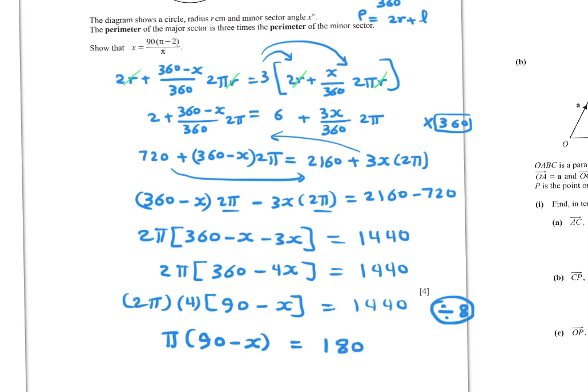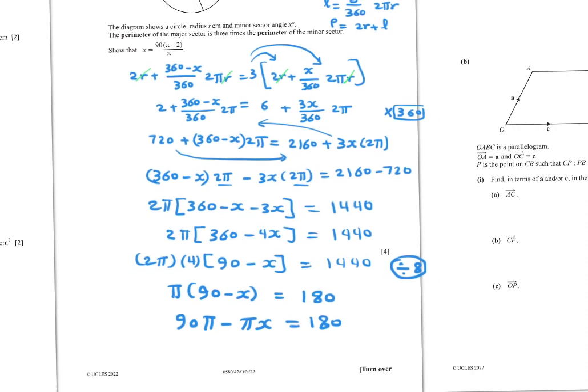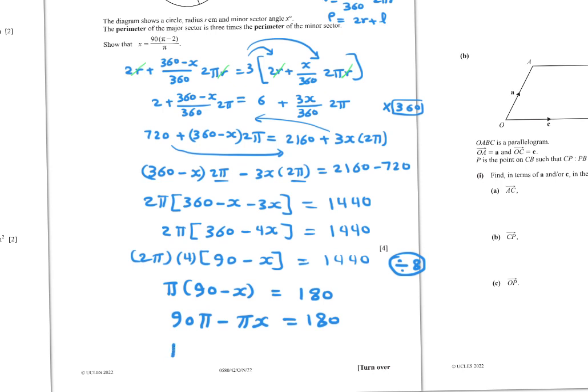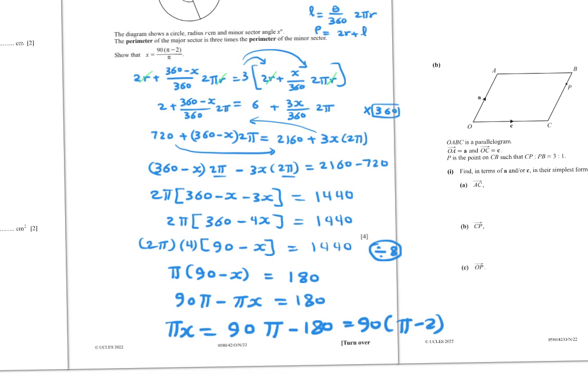Now expand, so 90 pi minus pi x equals 180. So pi x equals 90 pi minus 180. Take 90 common, so you have pi minus 2, then divide by pi, so x equals 90 into pi minus 2 divided by pi.